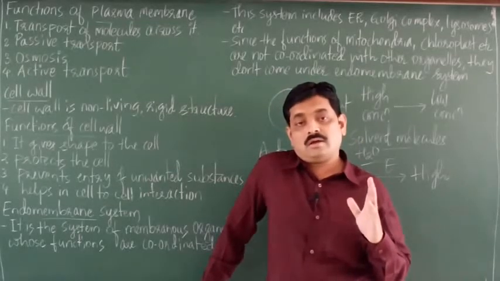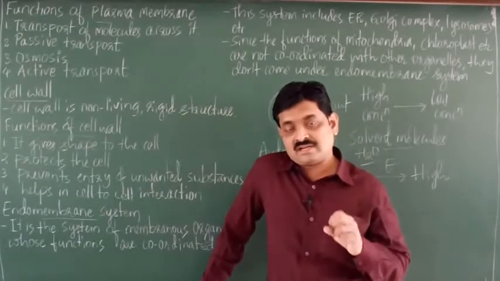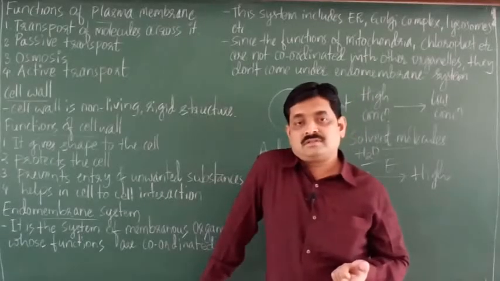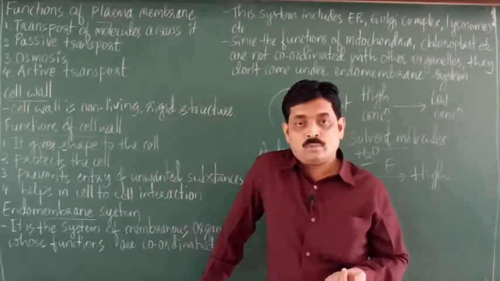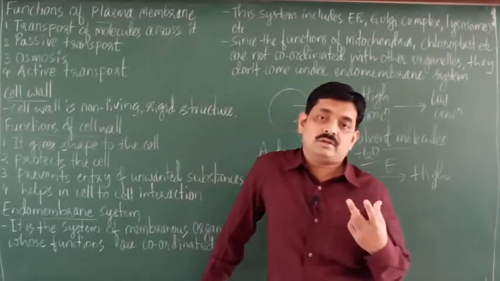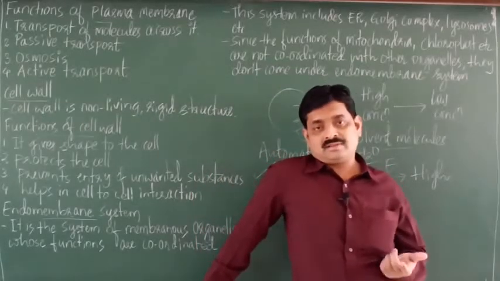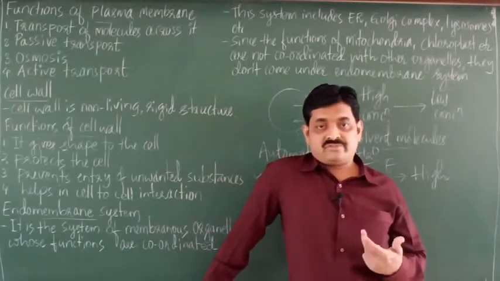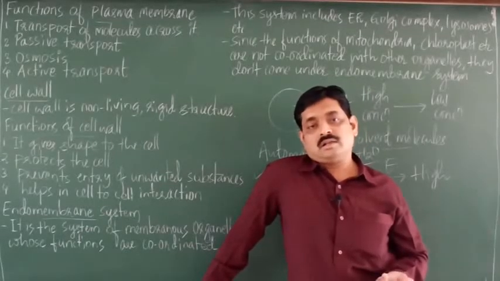They are all membrane bound cell organelles found inside the cell. The non-membrane bound cell organelles, which don't have a membrane, are, one, the ribosome, a very common non-membrane bound cell organelle. Another example is the centriole.